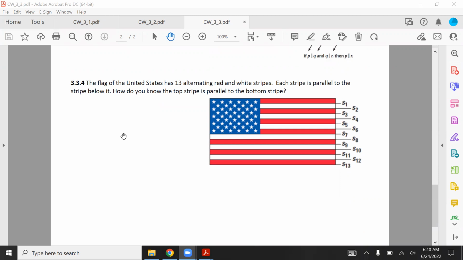Anyway, the flag of the United States has 13 alternating red and white stripes. Each stripe is parallel to the stripe below it. The top stripe is parallel to the bottom stripe. That's just the transitive property. You do the transitive property several times.